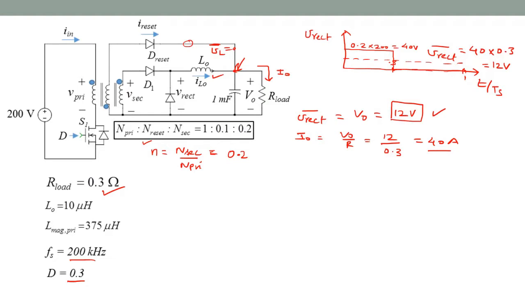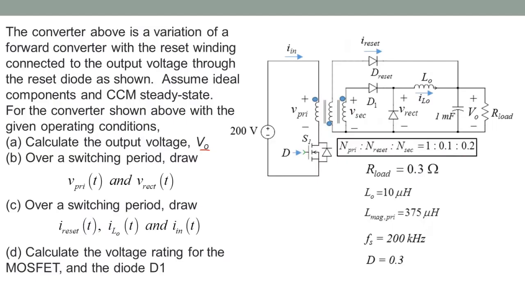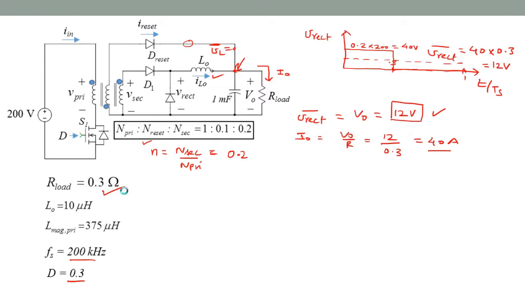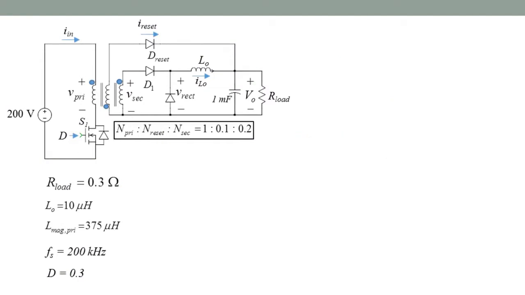You will see soon that I reset average is 2 amperes, so the inductor current is really 38 amps average. But if you drew the waveform corresponding to 40 amperes inductor current, I still did not take off any points. So this is part A. Part B requires us to draw several waveforms, the voltage waveforms V primary and Vrect, and we'll do that in the next slide. The first waveform to be drawn is V primary.